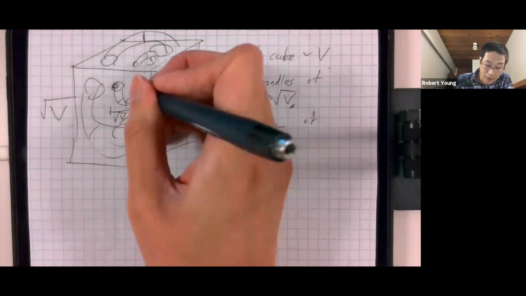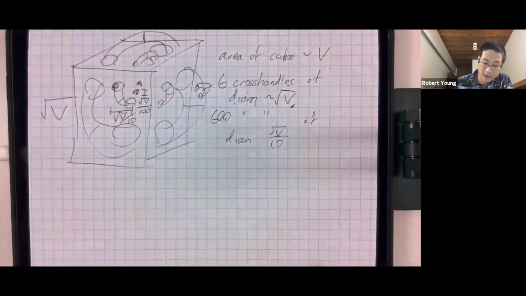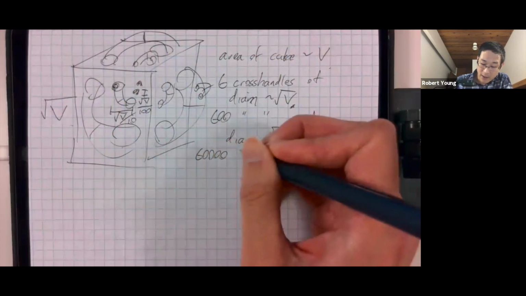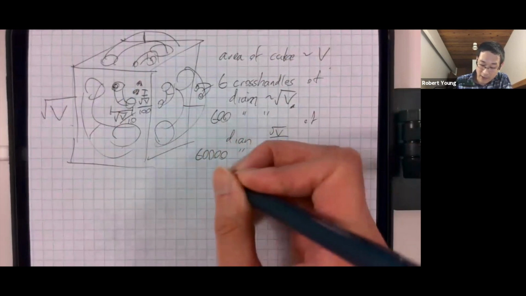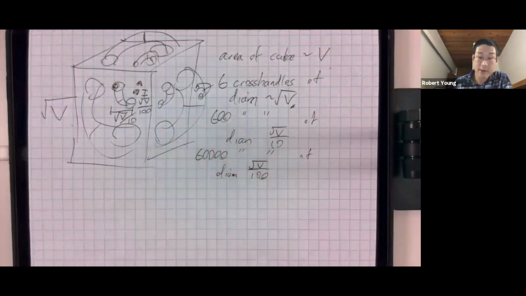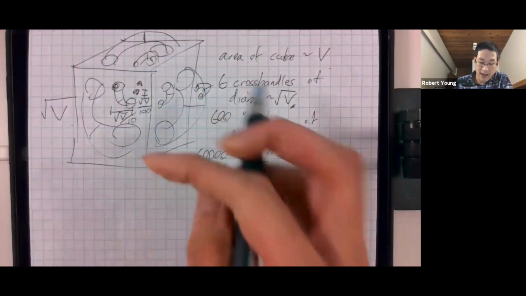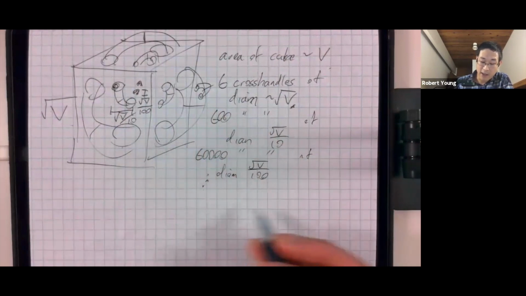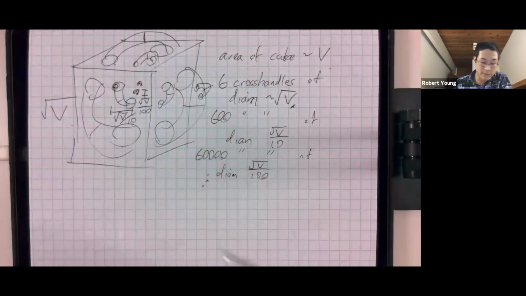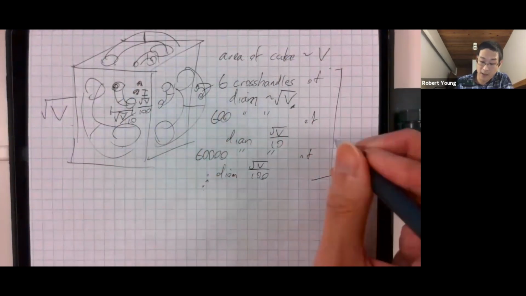And then let's say our next scale under that is root v over 100, another factor of 10. We can have, say, 60,000 cross handles of diameter root v over 100. And we can keep on going. If we go down by a factor of 10 each time, then we can keep on going until root v over 10 to the n is about 1. So we can do this about log v times.